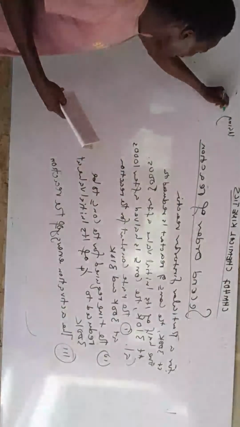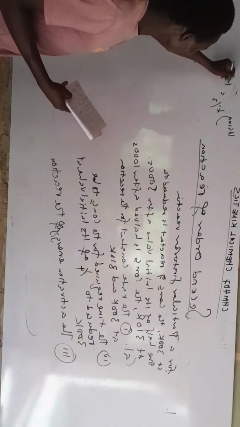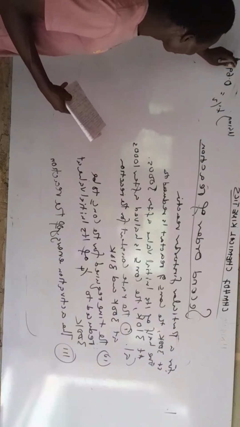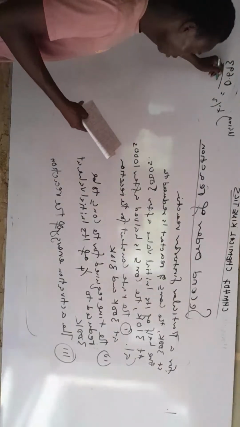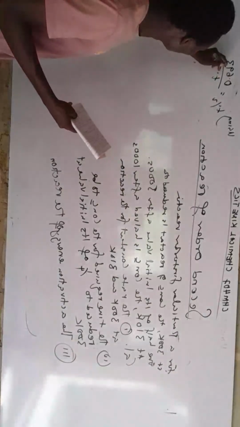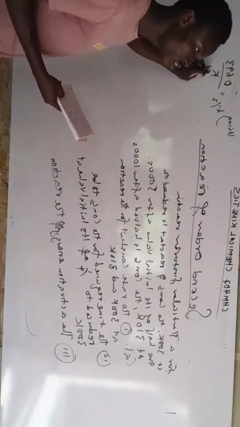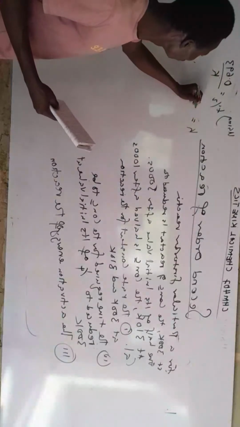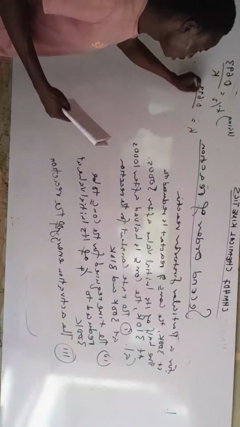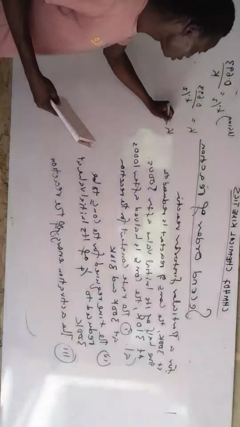Remember that t half equals 0.693 divided by K. So we are now making K the subject of the formula. It will become K equals 0.693 divided by t half.